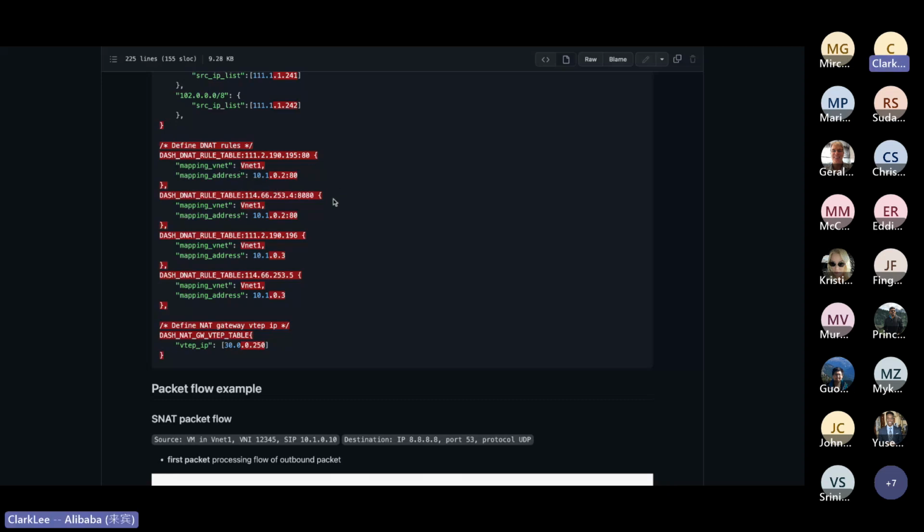For example, in the DNet rule, we can see that the DIP and port is mapped to one VNet and an address, but additionally we have a port here.